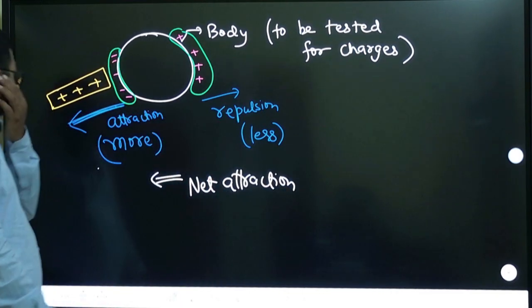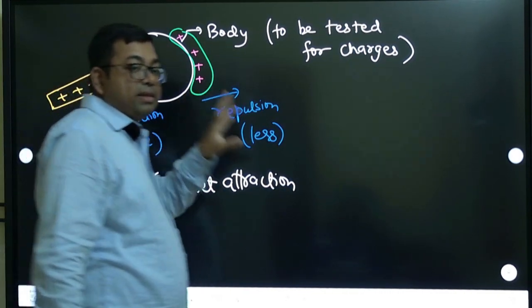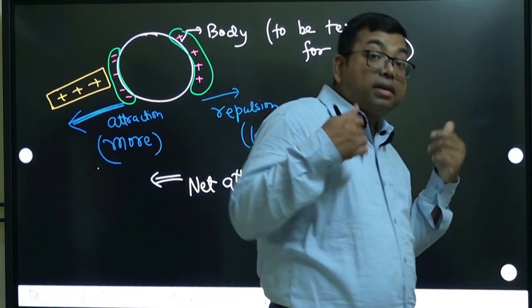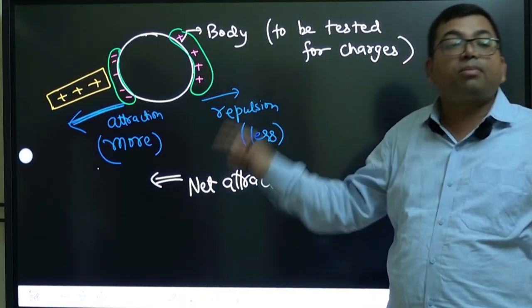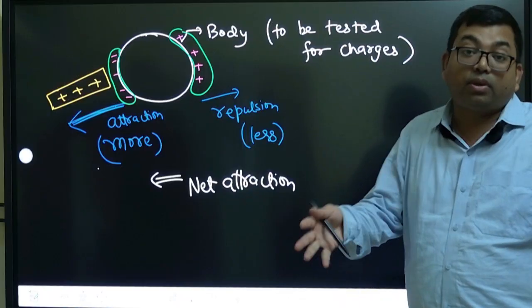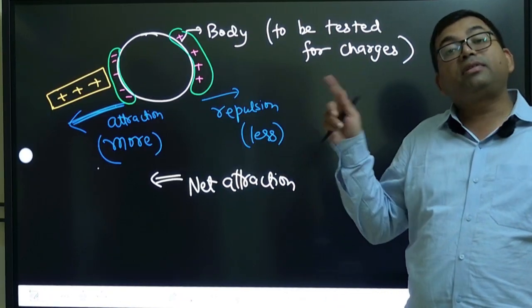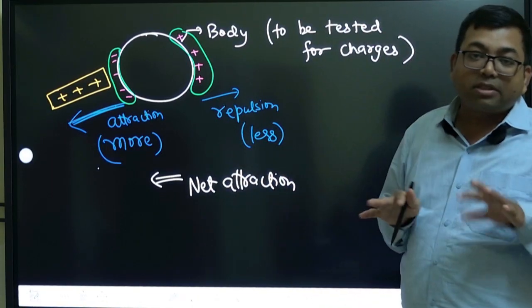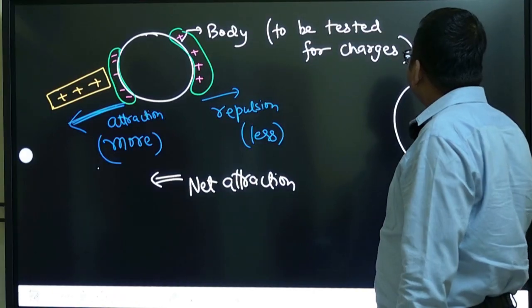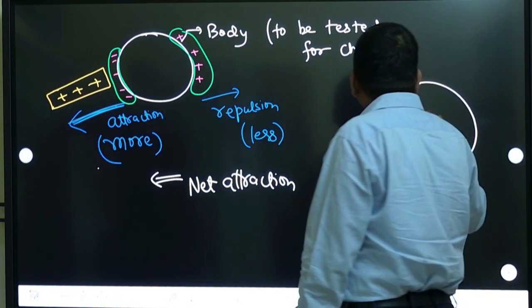Initially, let us say the body is a neutral body. A neutral body will still get attracted due to induction. What happens if this body is a charged body? Charged means either positive or negative. Suppose the body you want to test is already positively charged.